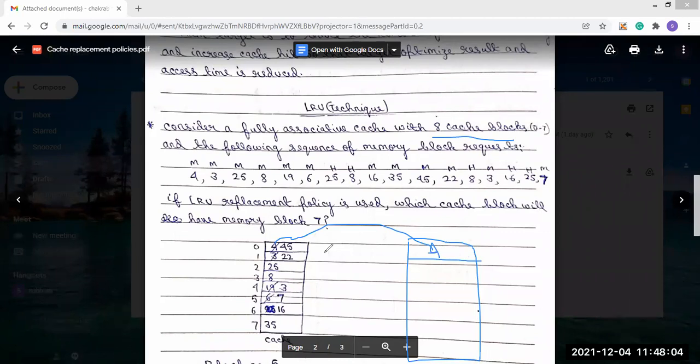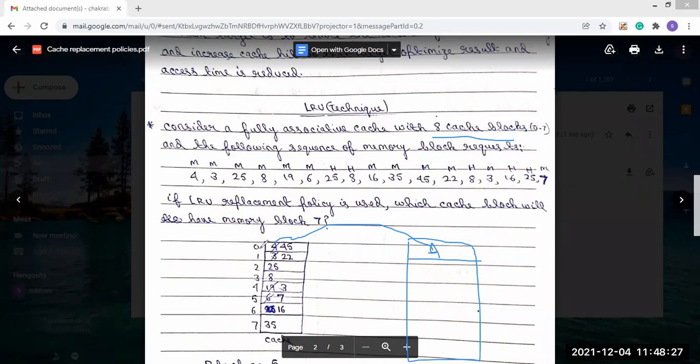Why will the cache miss occur? Because no blocks are present in the cache. We have to transfer the block from main memory to cache. So at first, block number 4 moves into the cache and is placed in the zeroth location.